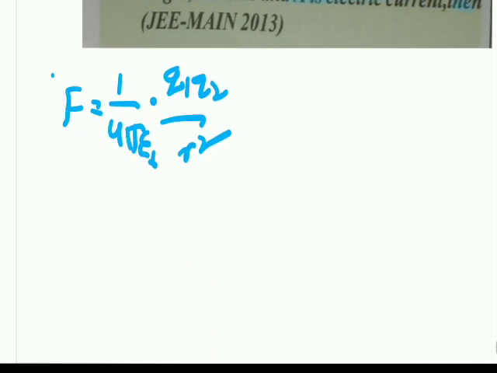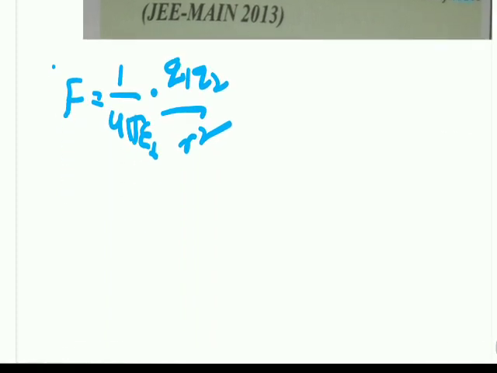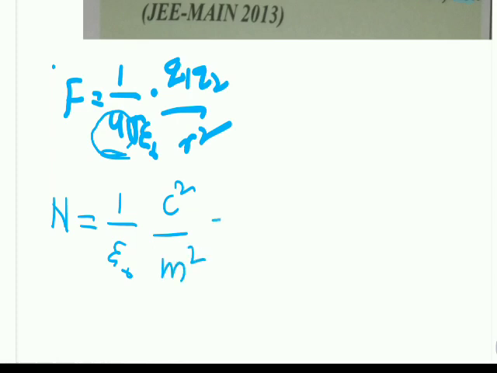So F in Newton is equal to 1 by epsilon naught, this term is constant so I remove it, Coulomb square by meter square. So epsilon naught is equal to Coulomb square by Newton meter square.